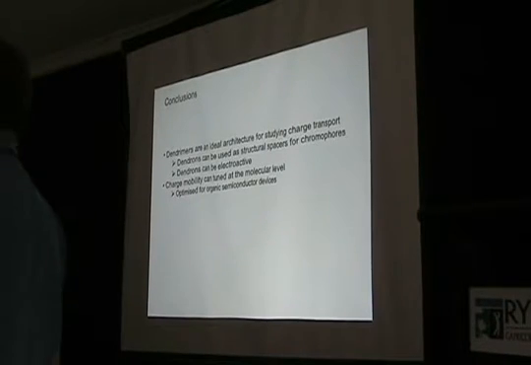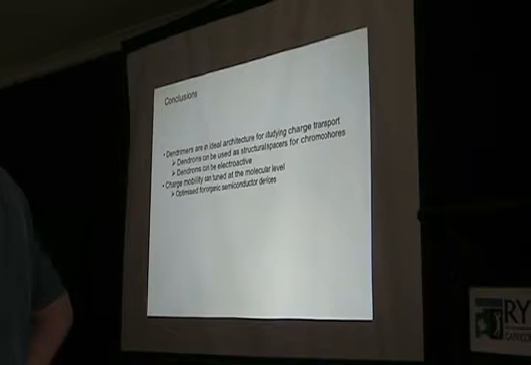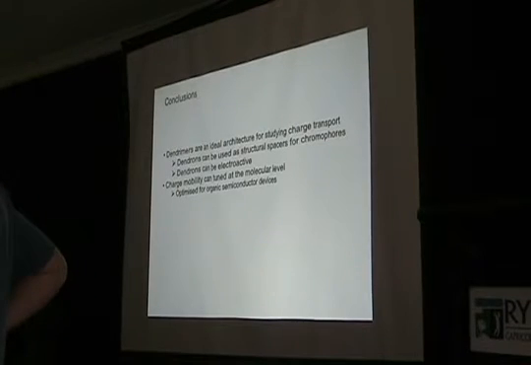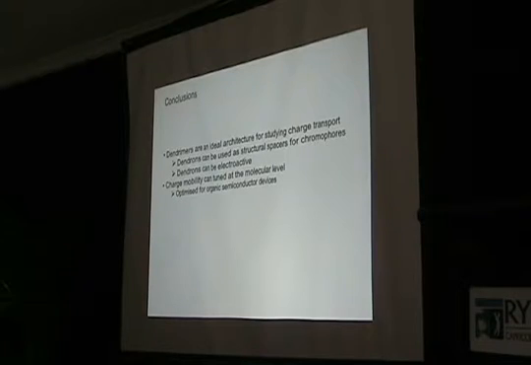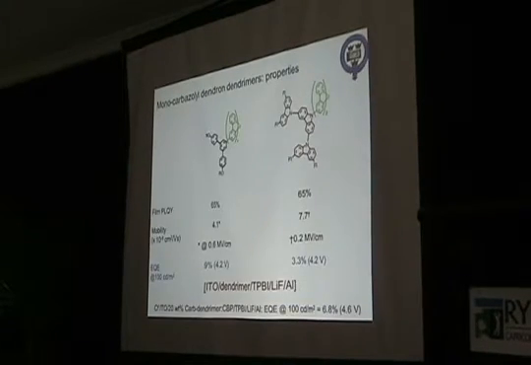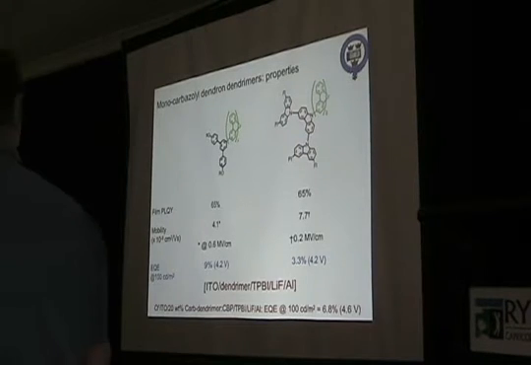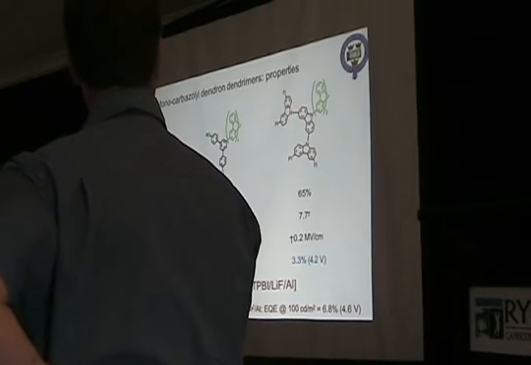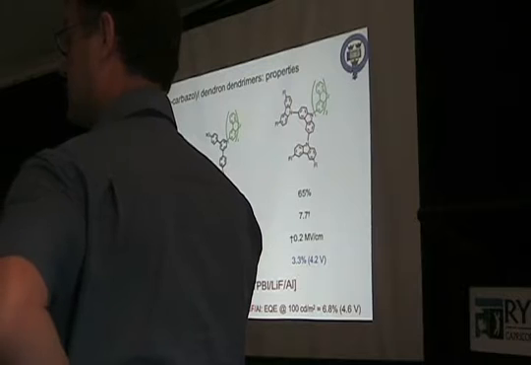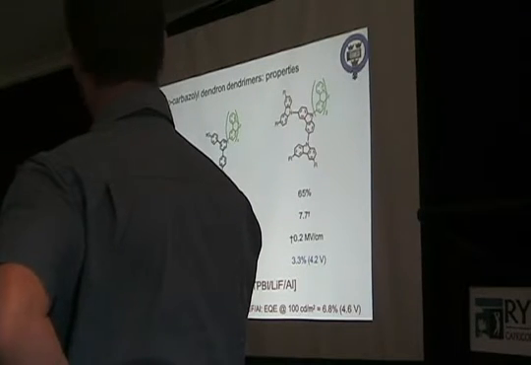Is the problem of your mobility being too high solved by making the mobility of the other charge carrier higher to match? Yeah, in principle you could do that. But what's essentially happening is that there's an interface here between the electron transport, hole blocking layer.